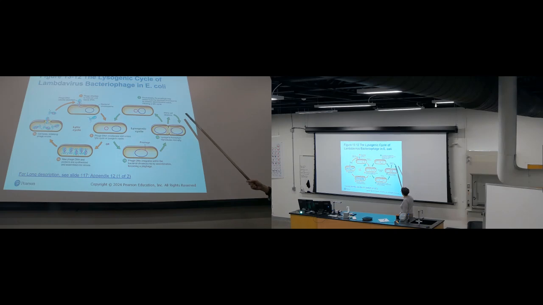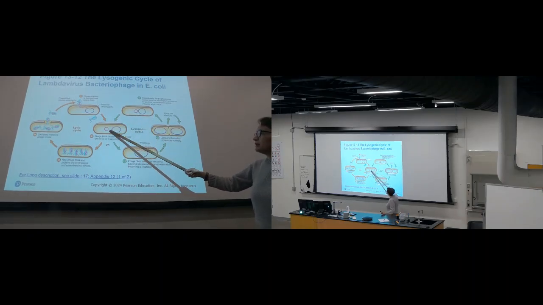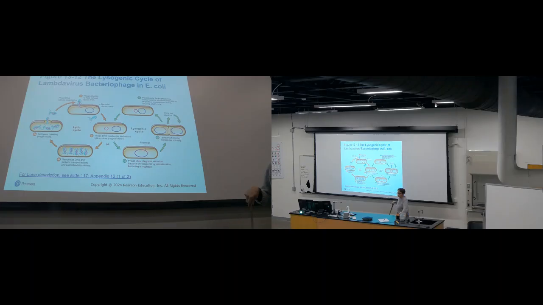And then you undergo several cell divisions, and when the conditions become favorable, this DNA can excise from the host cell DNA, and then you can undergo the lytic cycle again. That's a clean excision, basically a separation, with no pieces of the host DNA.